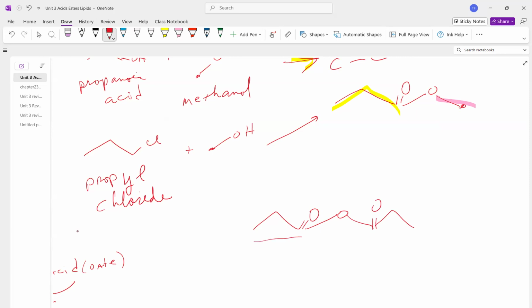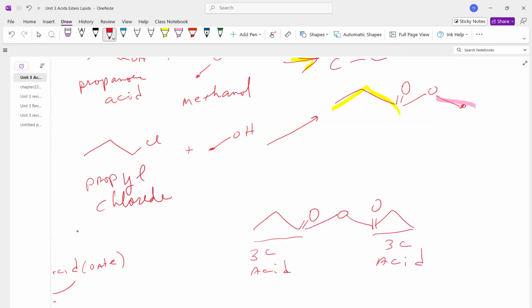So three carbon acid on either side, and it's linked together with the esters, a dual ester.